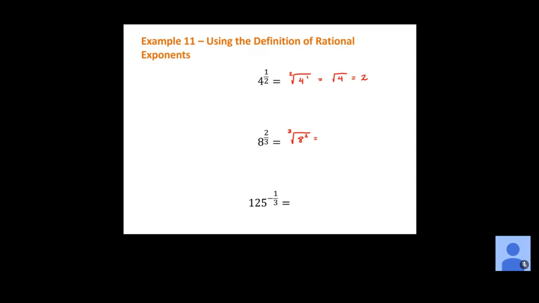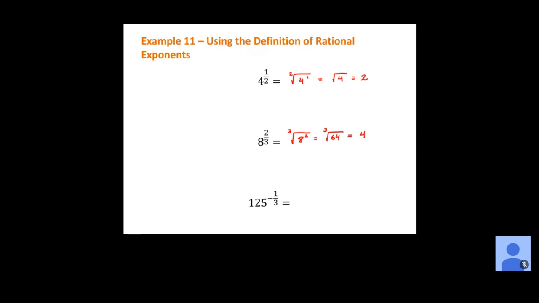We can square the 8 and give us the cube root of 64. And what is the cube root of 64? Good, right? 4 times 4 times 4 is 64. The cube root of 64 is 4.